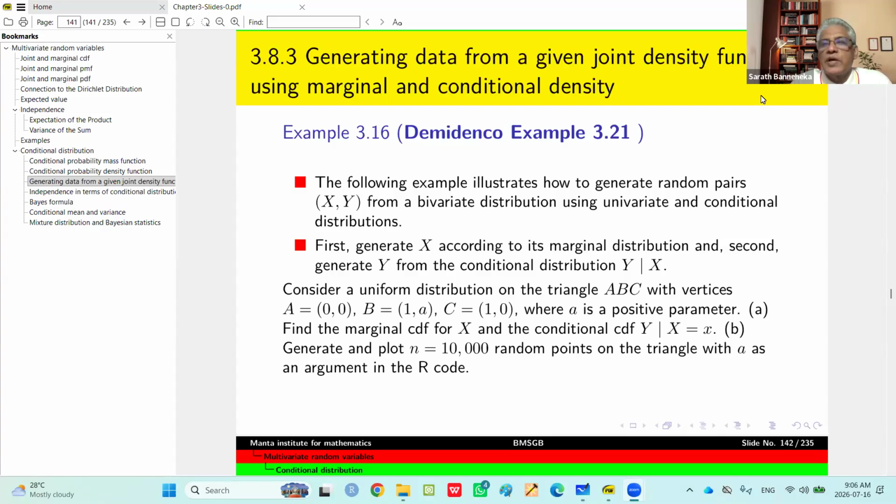And then we will look at a formula we can call Bayes formula. We already know Bayes formula regarding probabilities. Here we are going to look at the Bayes formula corresponding to random variables. And then we will look at conditional mean and conditional variance. So there will be several examples on those.